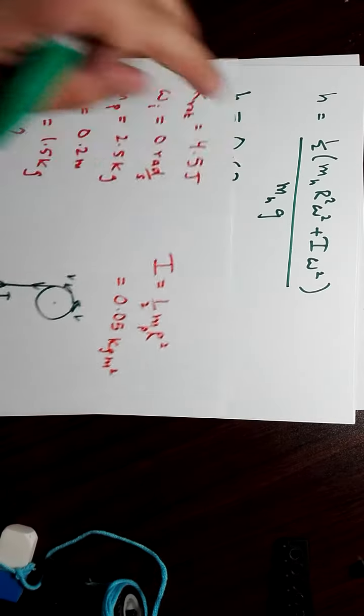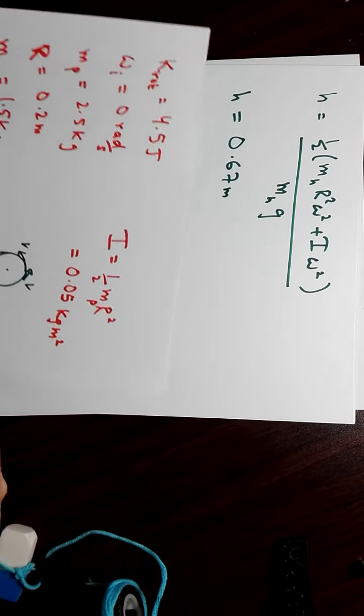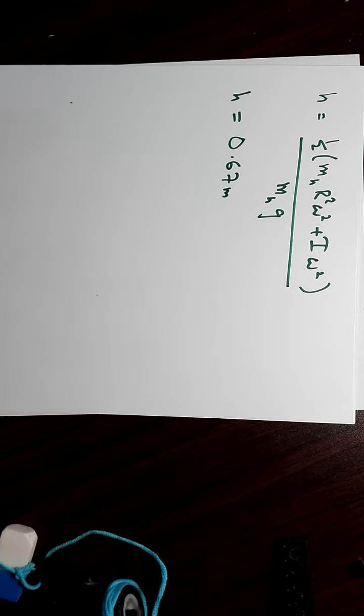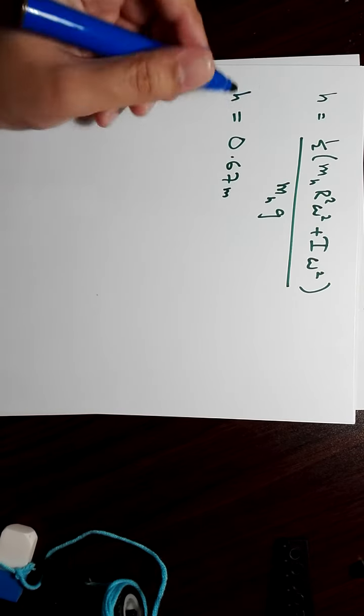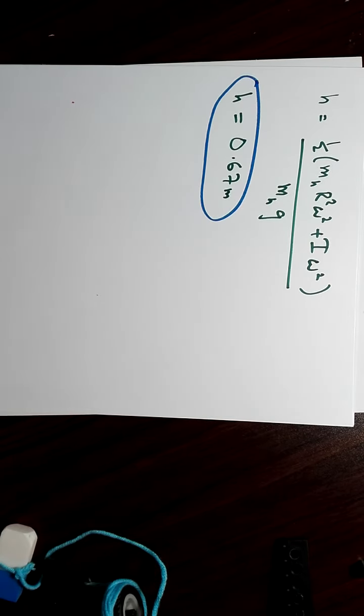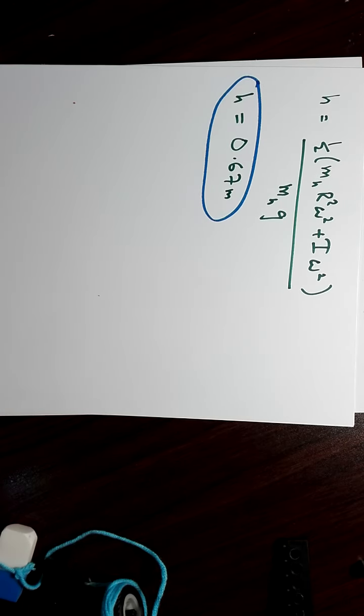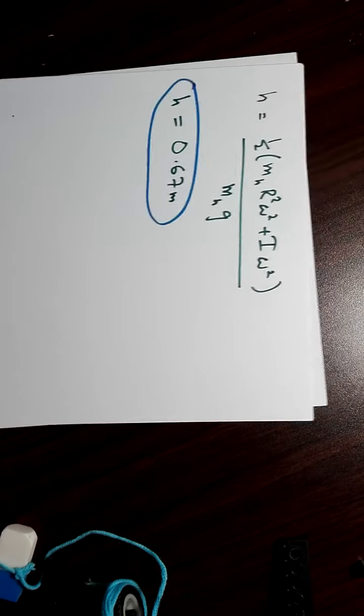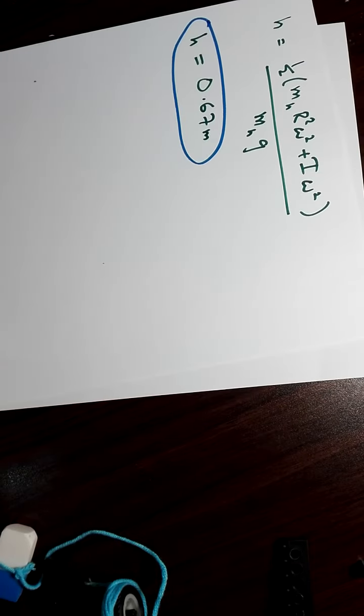So we know all these numbers, and you can get the height. So this is how you get the height through which the mass falls, so that the pulley has 4.5 joules of rotational kinetic energy.